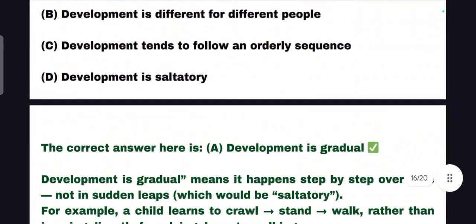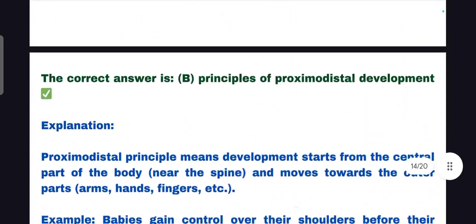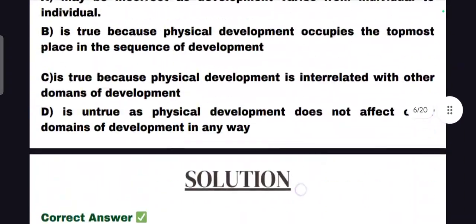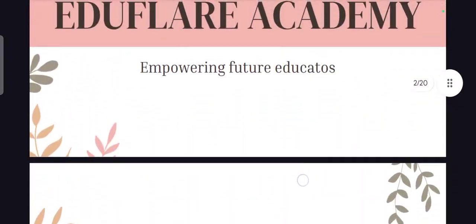So while you are studying, always give importance to examples, because by studying with the help of examples, the concepts become very clear. These are the important questions and areas from chapter 2.